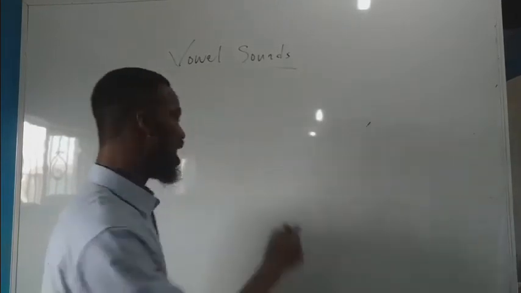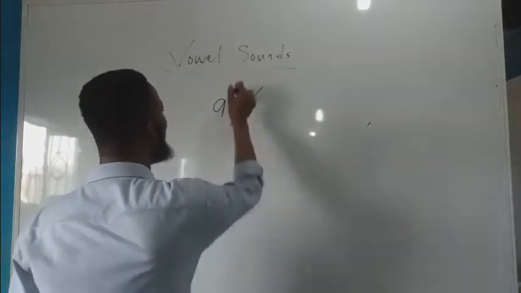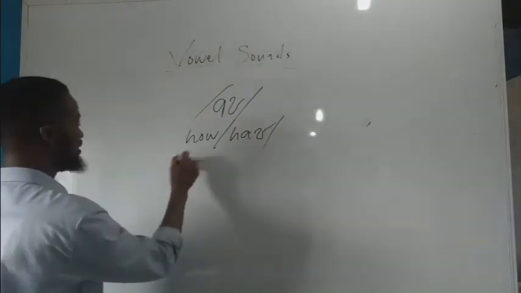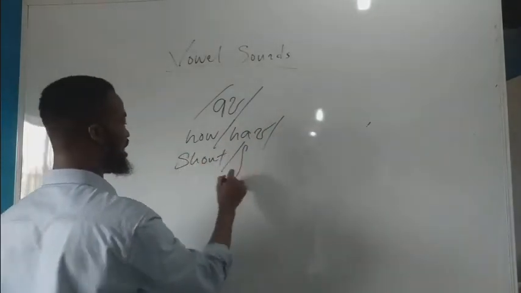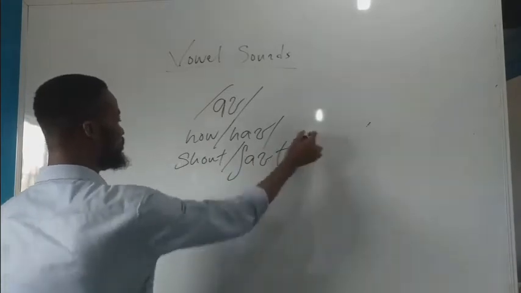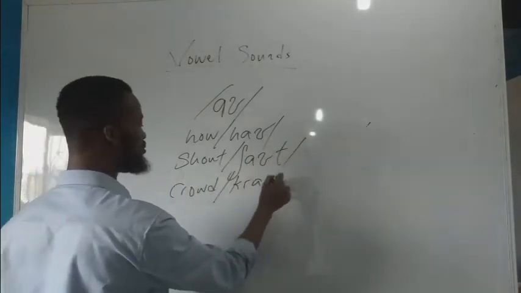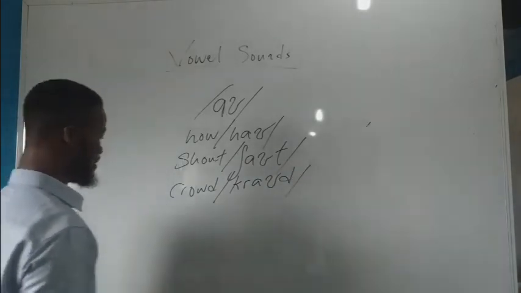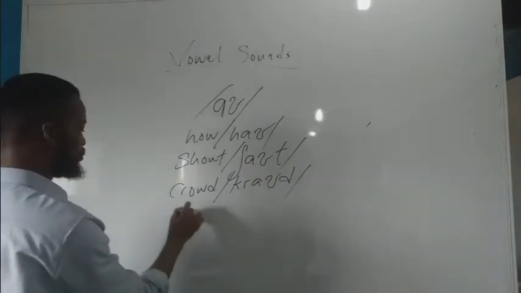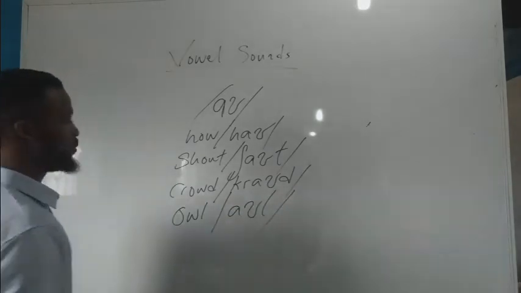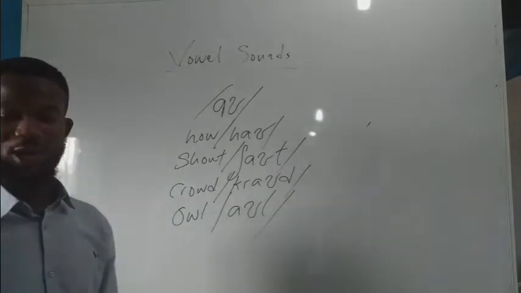Alright, we're going to look at owl now. S-H-O-U-T is pronounced as shout. A word like C-R-O-W-D is pronounced as crowd. And so on. If I have O-W-L, this is pronounced as owl. So this is responsible for all the owls that we pronounce.